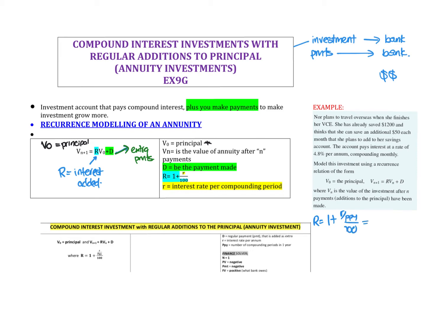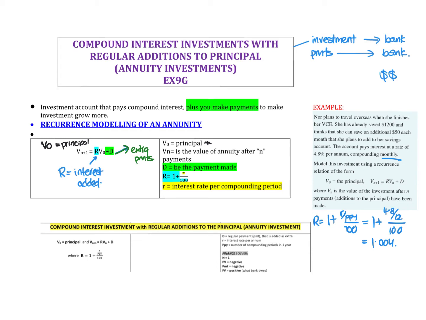In this example, it'd be 1 plus 4.8, compounding monthly. Monthly means PPY of 12, over 100. So we get 1.004. That's the recurrence relation's big R.